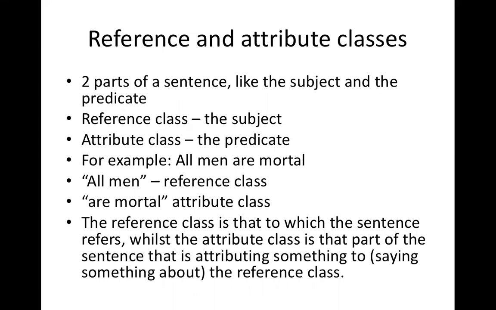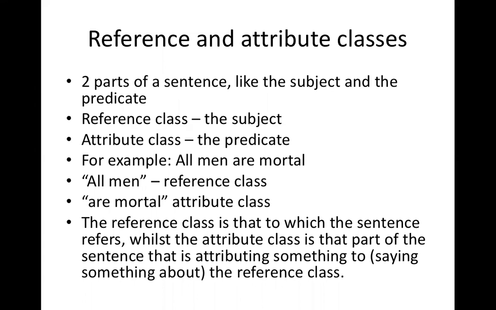Now we are doing reasoning, deductive reasoning. There are two parts of a sentence. We have the reference class, which is like a subject, and we have the attribute class, which is like a predicate. For example, all men are mortal. Now, in the sentence, all men are mortal, all men is the reference class.